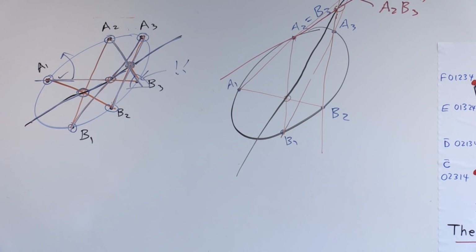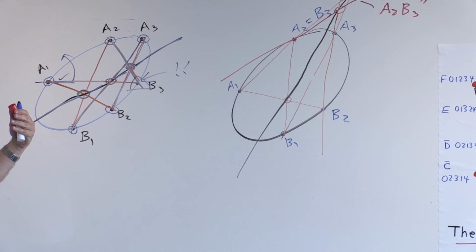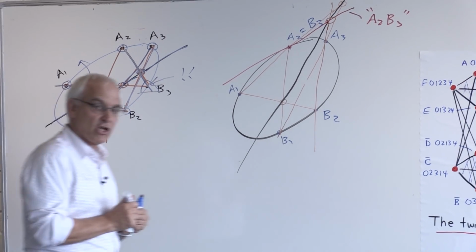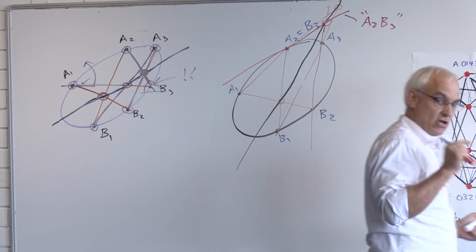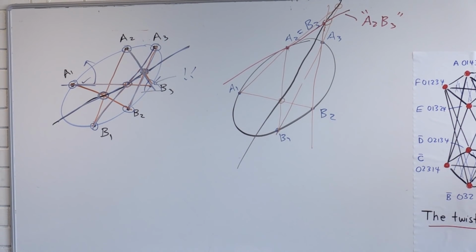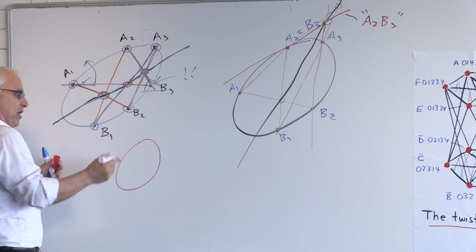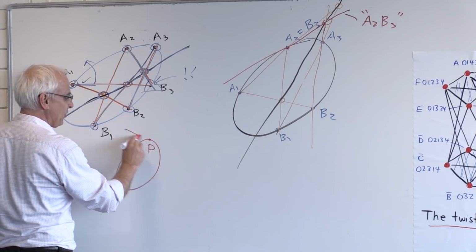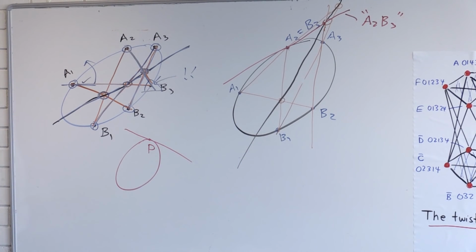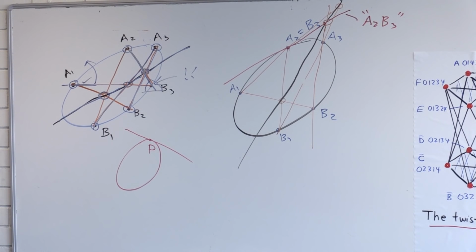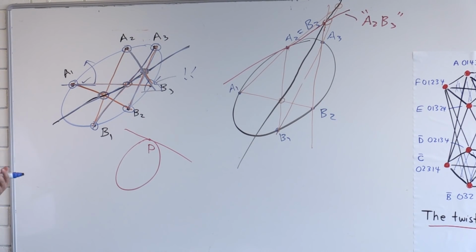What that really is, is the tangent to the conic at the point A2. So this is just a construction of the tangent to this conic at a point. In modern mathematics, we like to say things like, consider a curve C, consider a point P on the curve, and consider the tangent to the curve C at the point P. Yeah, we can say that, but what does it actually mean?